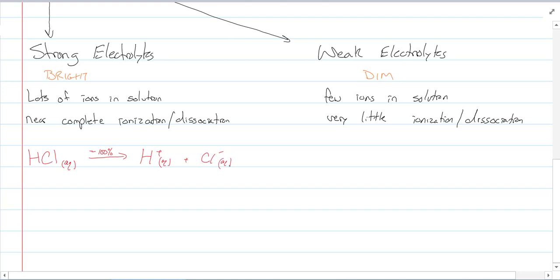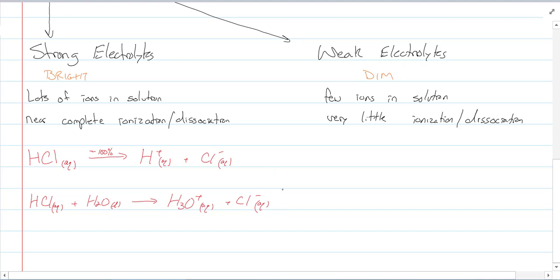Or, depending on what definition we're using, you can use HCl plus water, still strong, going to hydronium and chloride. That would be a strong electrolyte. Okay, 100% going over. So it means in the solution, in the beaker, it's all hydronium and chloride.